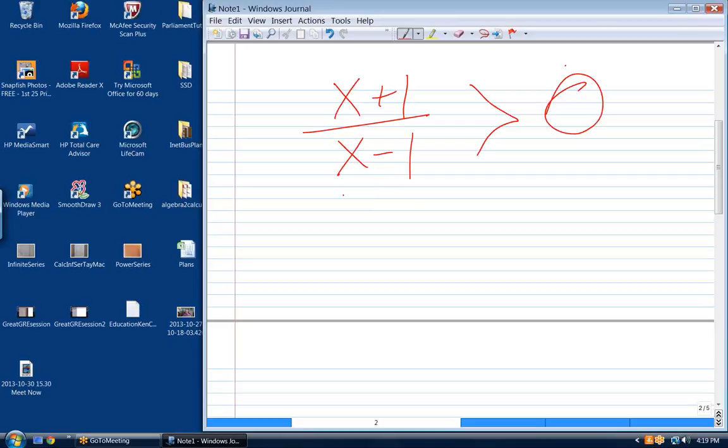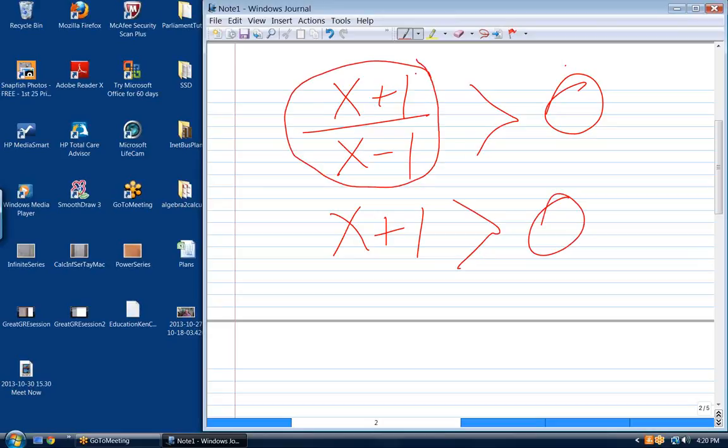Notice that if I try multiplying both sides by x minus 1, I have that risk that if x minus 1 is negative, so can I really say this? I can't. In other words, if this is greater than 0, does not mean that x plus 1 is greater than 0. I can't multiply both sides by x minus 1 to get this second line.